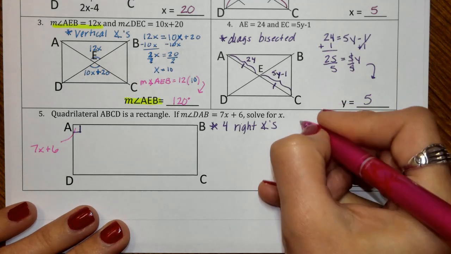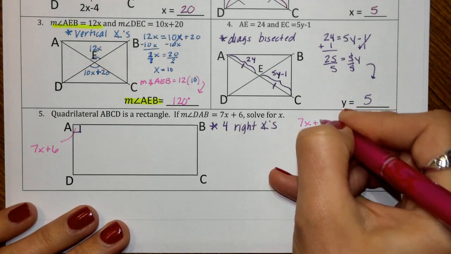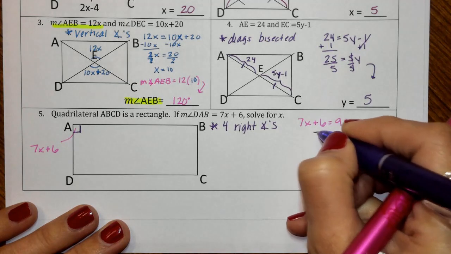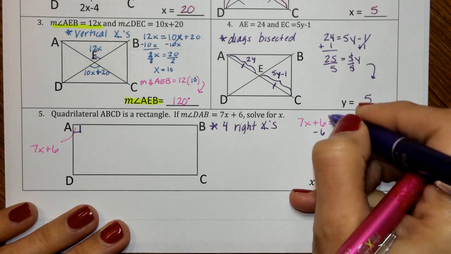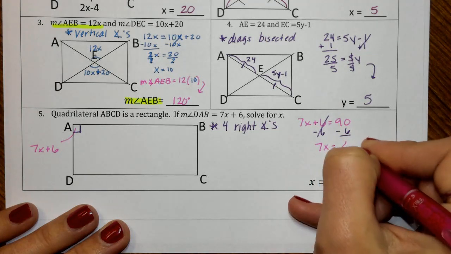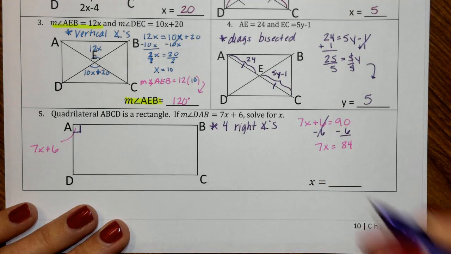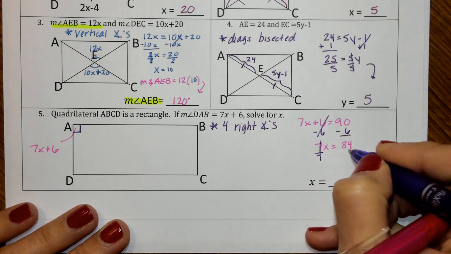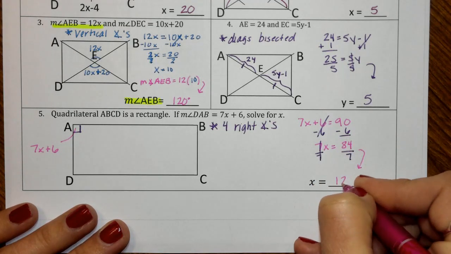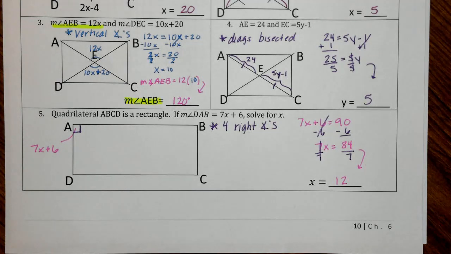We take our 7x plus 6 and simply set it to 90. Take our 2 quick steps, subtract the 6, and then divide by 7. We're going to get 12. And there we go. So we got to use both the new properties.